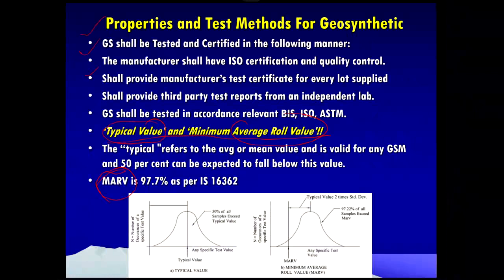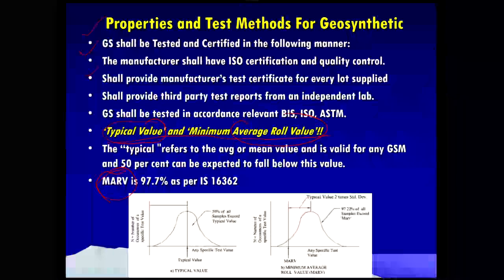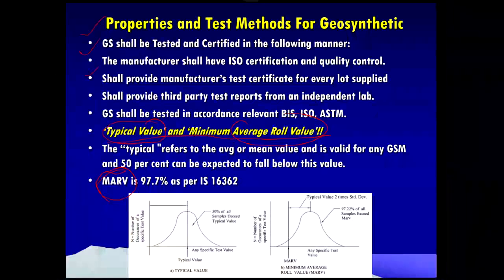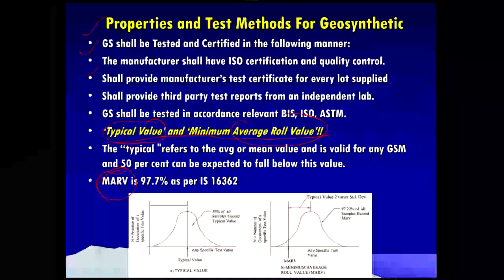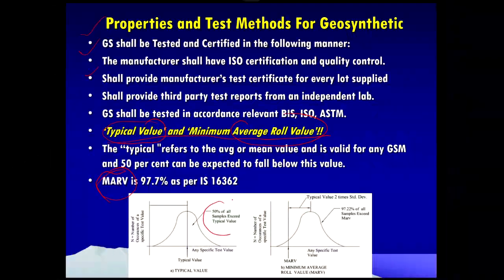So when we test this, 50% of the test results can be expected to exceed this value, and 50% can be expected to fall below this value. This minimum average roll value is derived statistically as the average value minus 2 times the standard deviation.